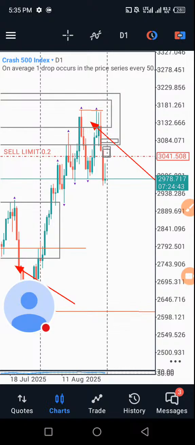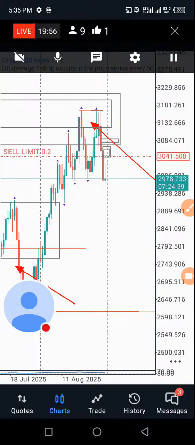Maybe towards the end of the class, I'll tell you guys what I've decided personally to do on this particular trade, because I'm going to be taking an entry on this Crash 500.